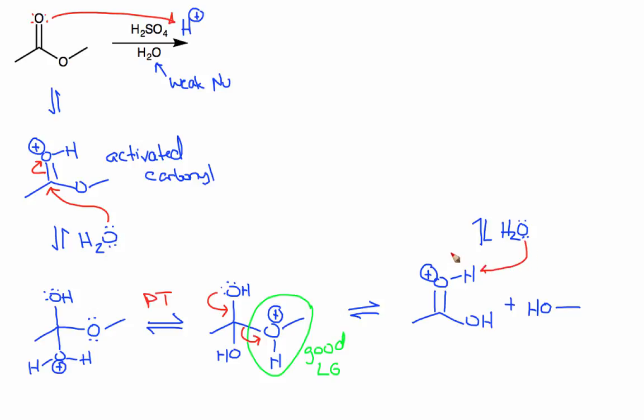And we can take that proton back off of the carbonyl. So what we've done here, now at the final step of the reaction, we have regenerated our acid catalyst.